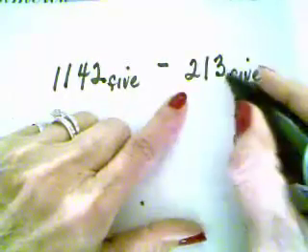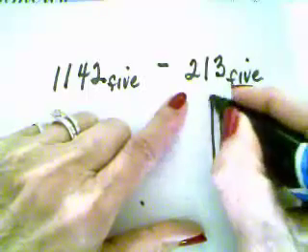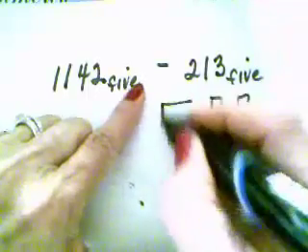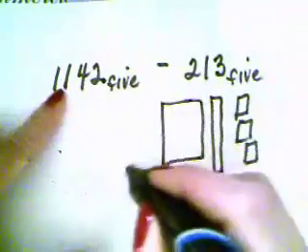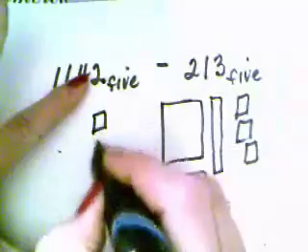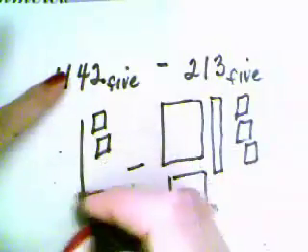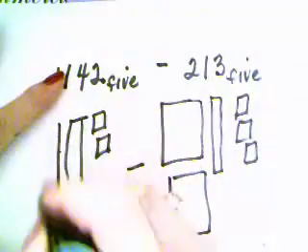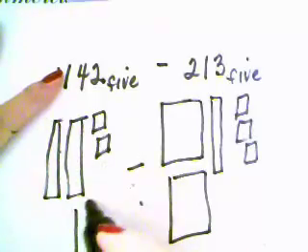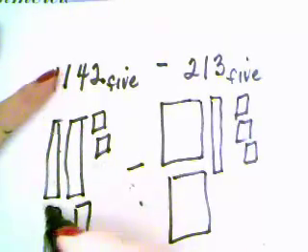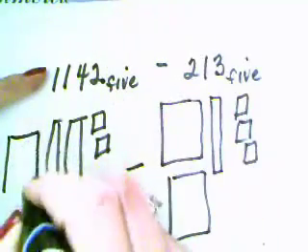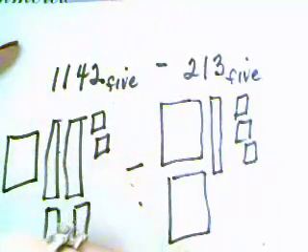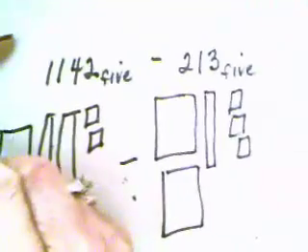So if we have 3 units, we have a long, we have 2 flats, we have 2 units, we have 4 longs, and we have 1 flat, and we have 1 long flat.